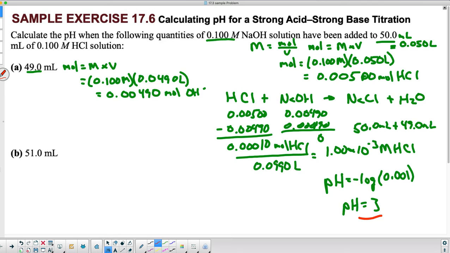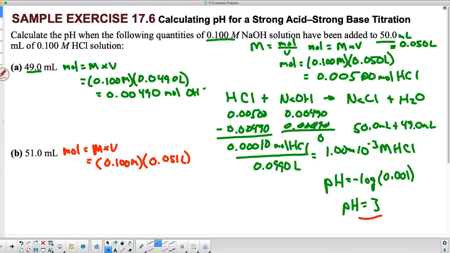Now look what happens here when I have 51 milliliters of sodium hydroxide. I'm going to do the same thing that I did before. There's no change. The number of moles equals the concentration times volume. I changed my volume to be in liters, so it looks just like the one above, and my concentration is the same, except this time instead of 0.049 liters, I have 0.051 liters.